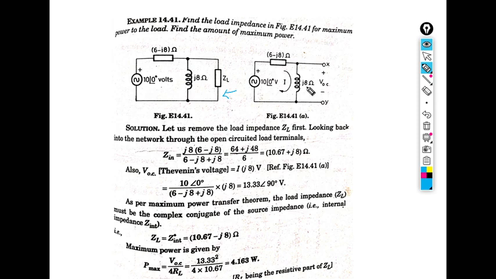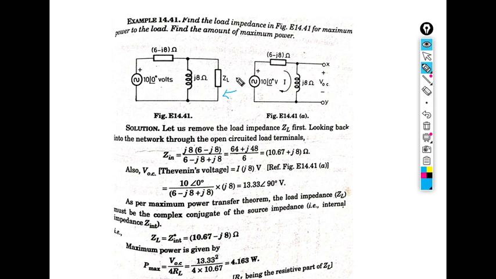So there is heat dissipation and there is a drop. We consider the drop as this ohm into the current flowing through this path. So this is the VOC, and VOC is equal to 13.33 angle 90 degree volt.